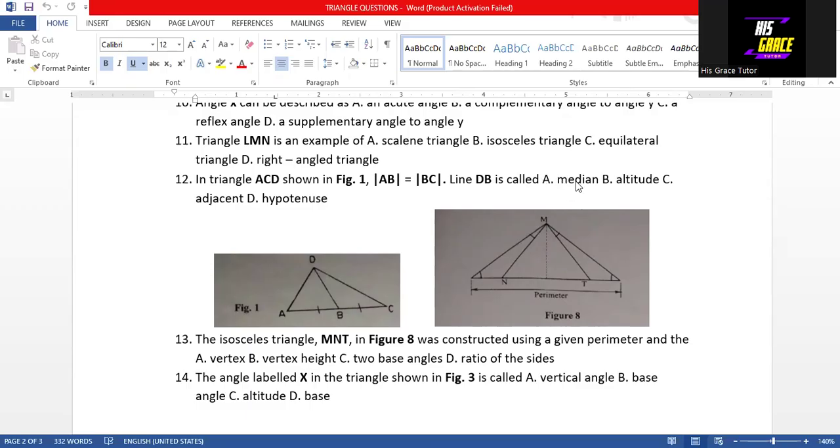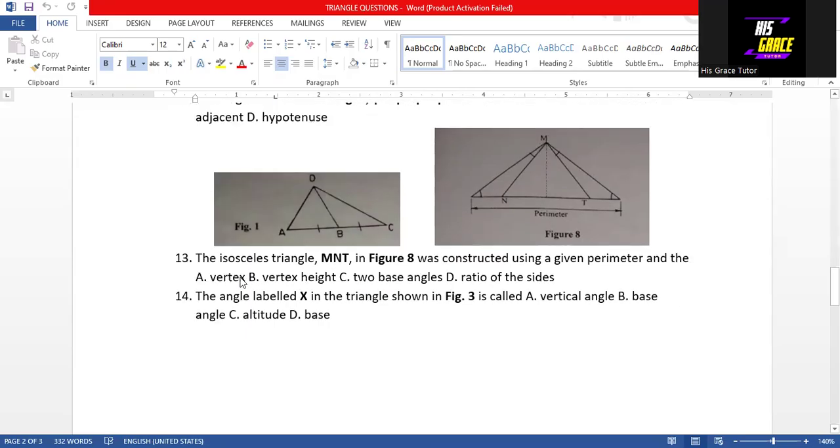We talk about this when we talk about the parts of a triangle. Then question 13 says that the isosceles triangle MNT in figure 8 was constructed using a given perimeter and two base angles.